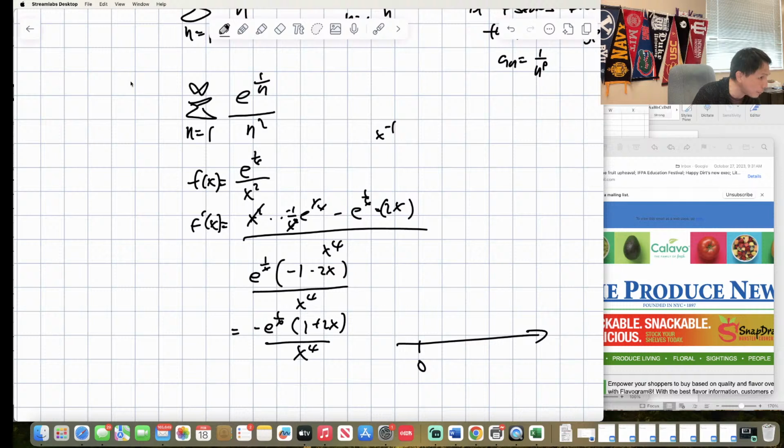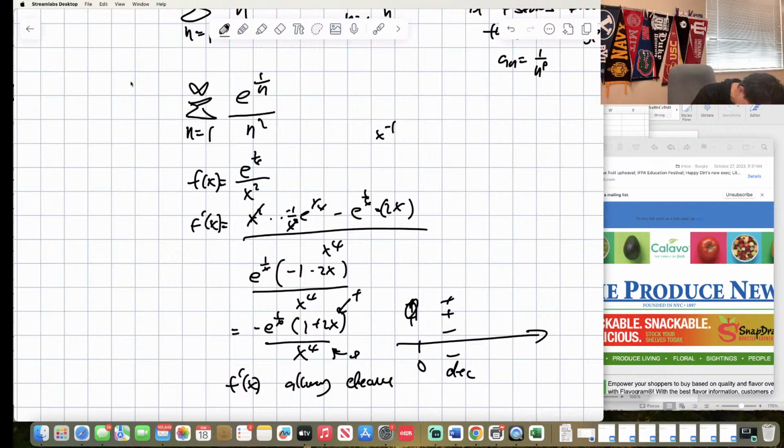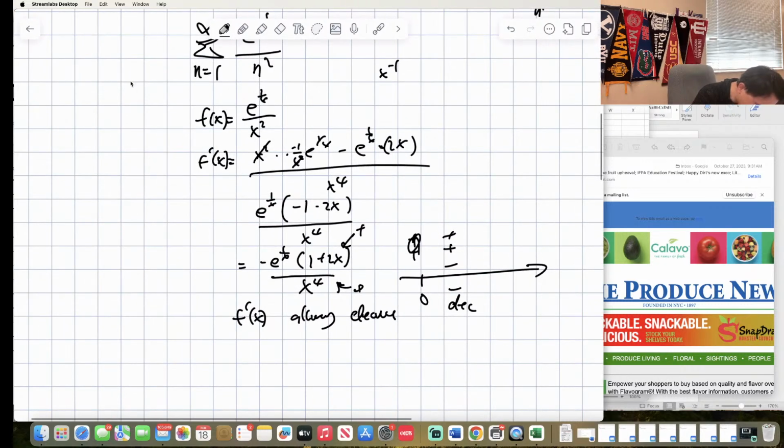We don't have to worry about the negative side because the series starts from 1 to infinity, right? So this part is going to give you positive, positive, and negative. So it's negative here, decreasing. So f prime of x is always negative, decreasing, when x is greater than 0.